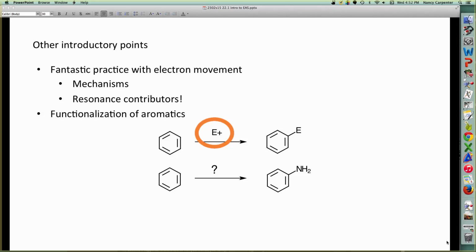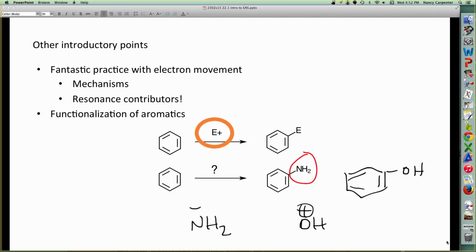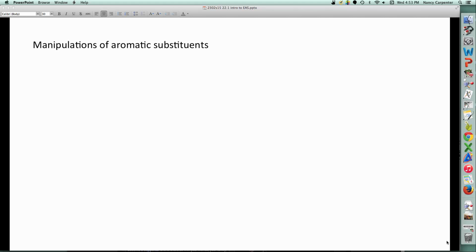Well, it's not a piece of cake, but we can certainly put electrophiles on aromatic rings because we're talking about electrophilic aromatic substitution. But it should certainly give you pause when you try to think about maybe making aniline or phenol, because Lord knows we're not going to have any electrophilic OH groups or any electrophilic amino groups floating around. So that is a question as yet to be answered by us.